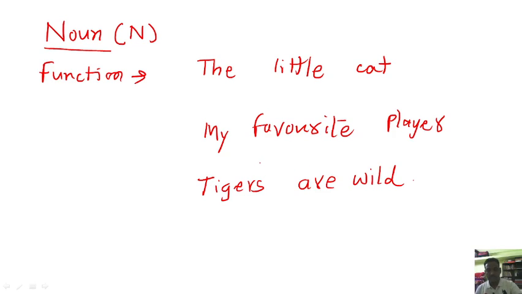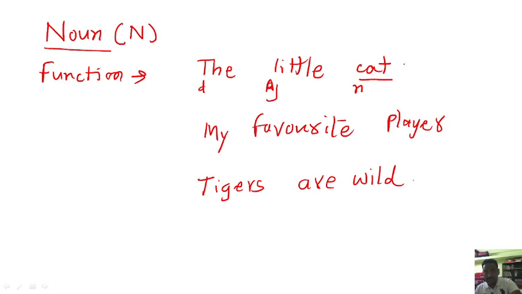Now let's understand one by one. You can easily understand here that this cat is noun. This is adjective, and this is also a modifier or determiner. Now if you use this phrase in a sentence, you will see how the function of the same phrase changes.